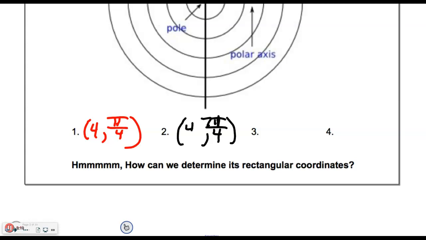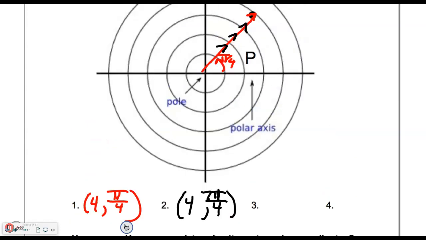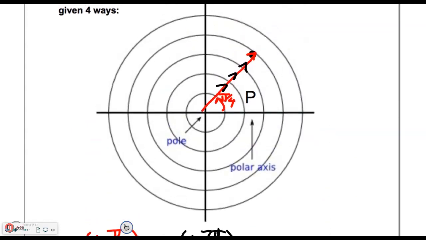So I could have told the ship to turn all the way around the other direction and go forward. But there's 2 other ways to do it. I could tell the ship to turn in this direction and then go backwards 4. Think about that, right?